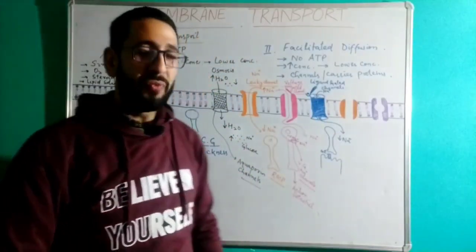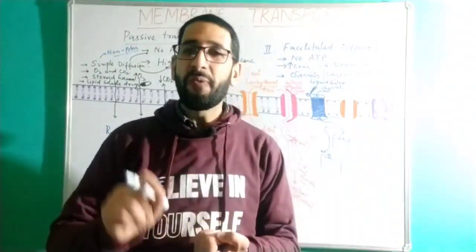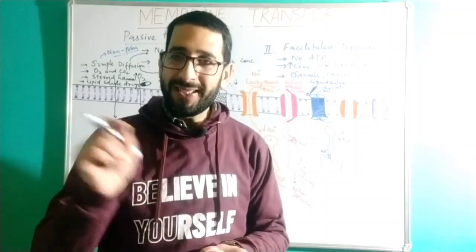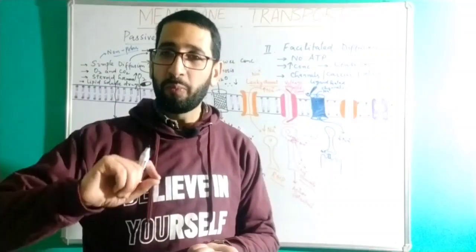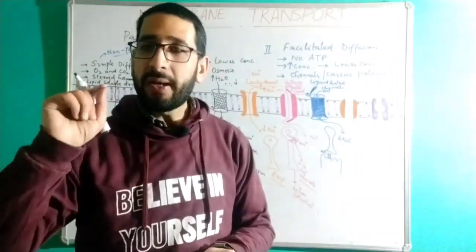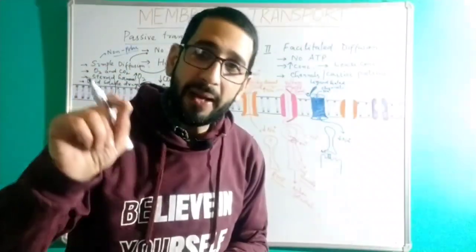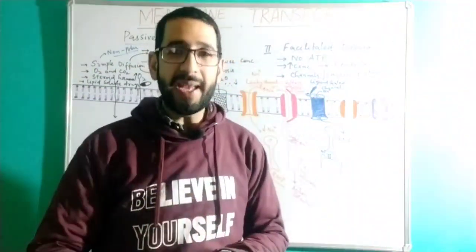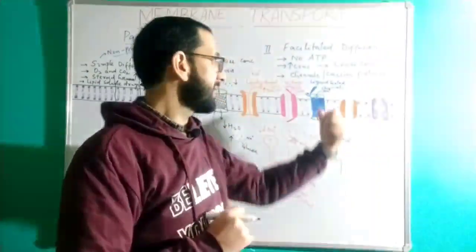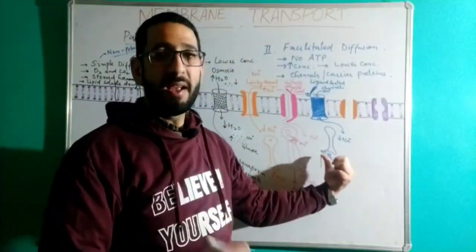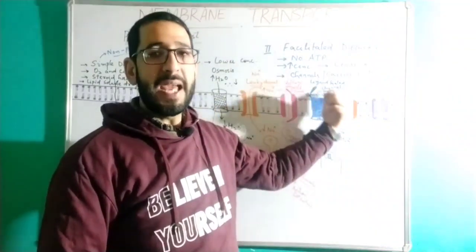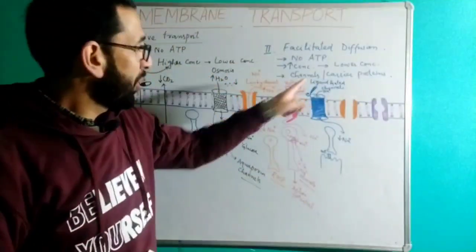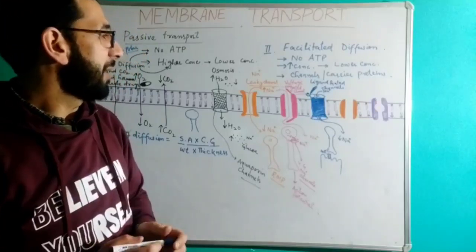So again, we have moved sodium from higher concentration to lower concentration, but in this case, the sodium has been moved by means of that ligand, and that ligand is opening this particular channel, so we call it a ligand-gated channel. And in this case, it is moving cations, that is sodium, so it is called a ligand-gated cation channel. Okay, so that is going to be this ligand-gated cation channel.